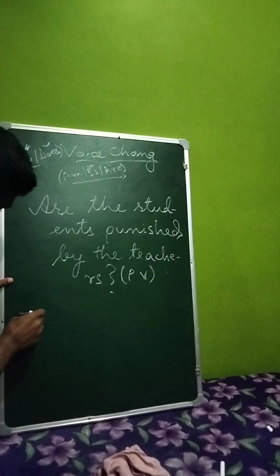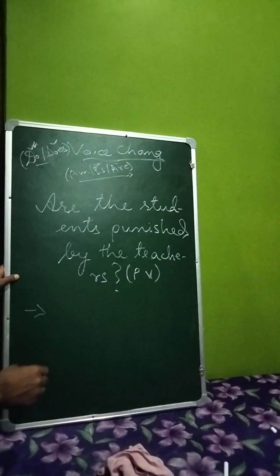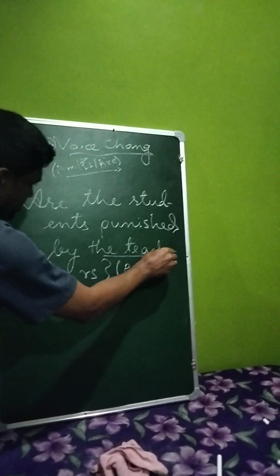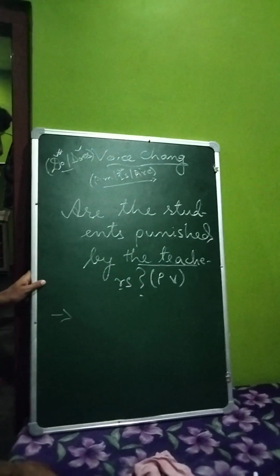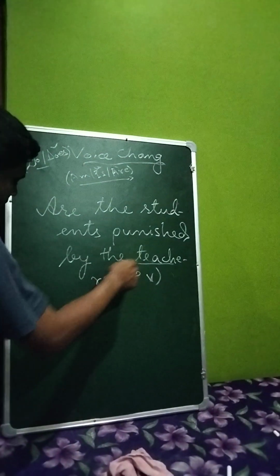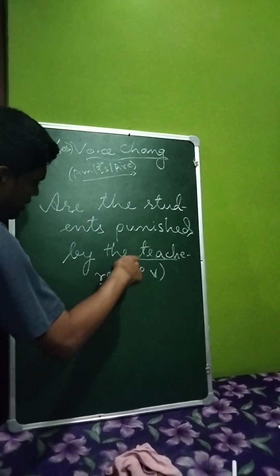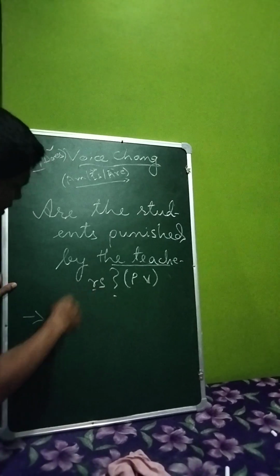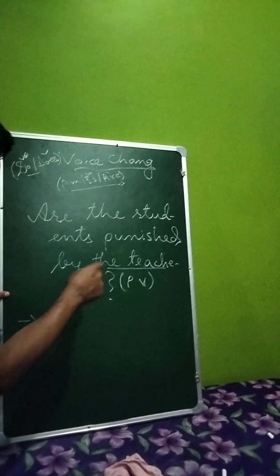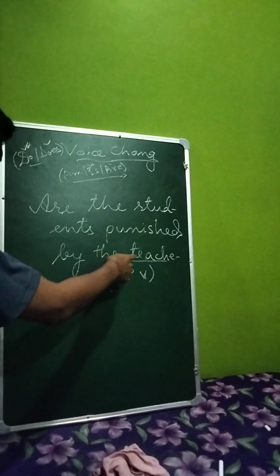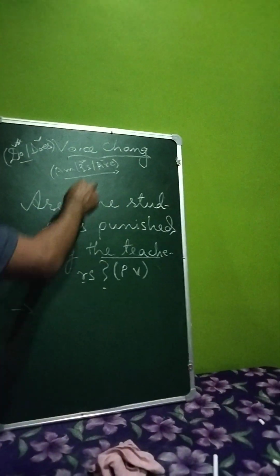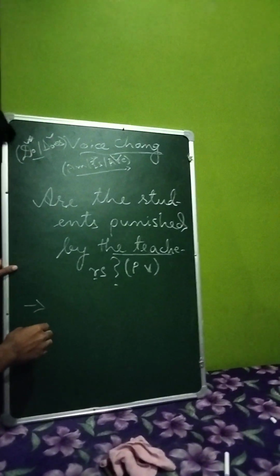As it is a passive voice sentence, you are to go to the object, the teachers. The number of teachers is plural, and the person is third.